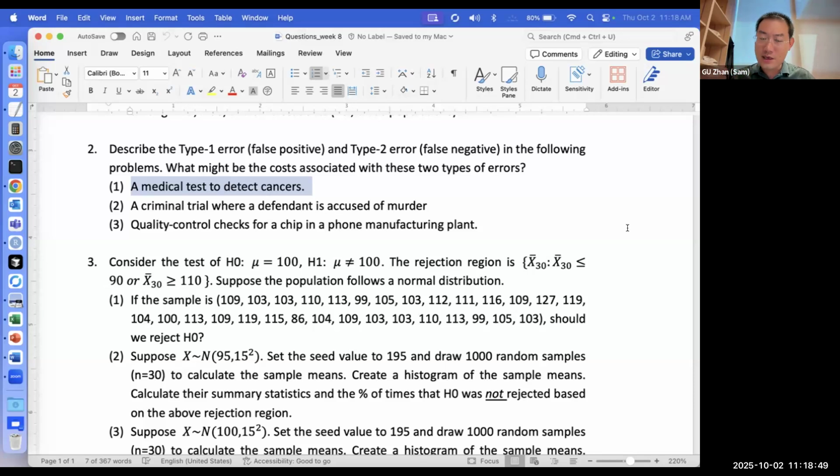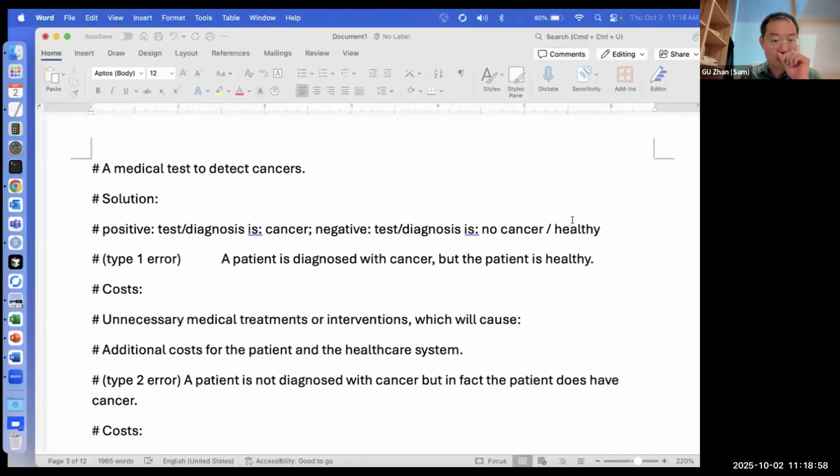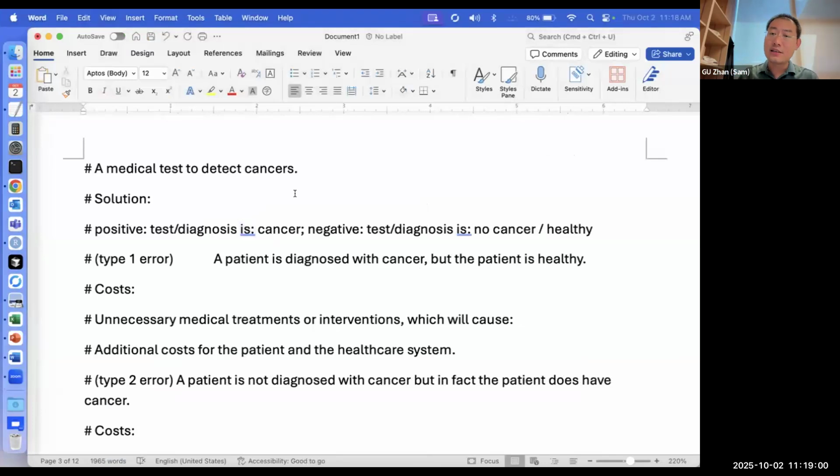So we do a test and define having cancer as a positive. When the test and diagnosis tell us it is cancer, we define it as a positive event.